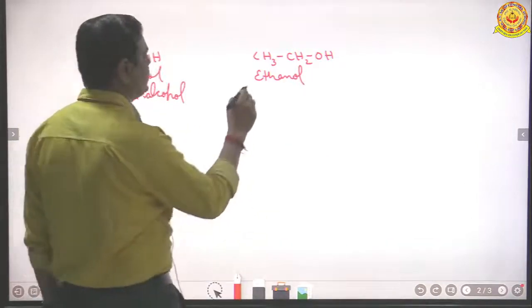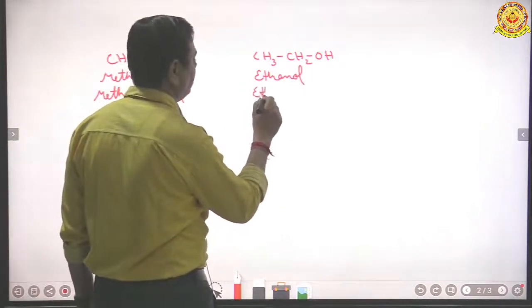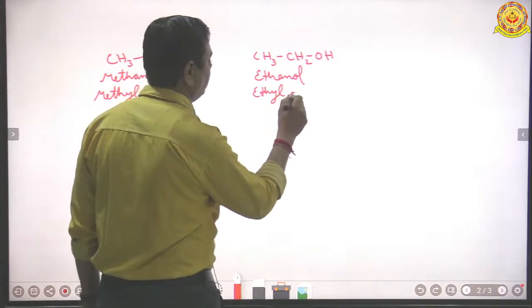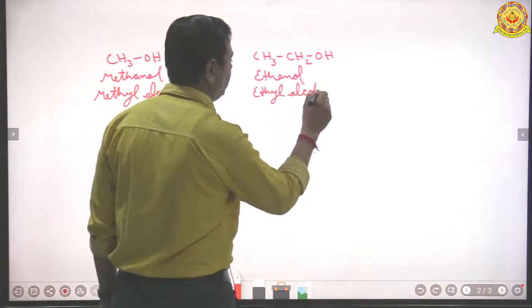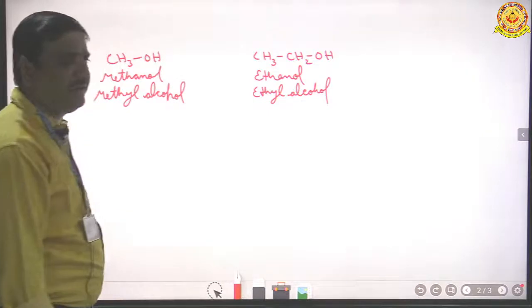Ethanol in the IUPAC system. Ethyl alcohol in the common system.